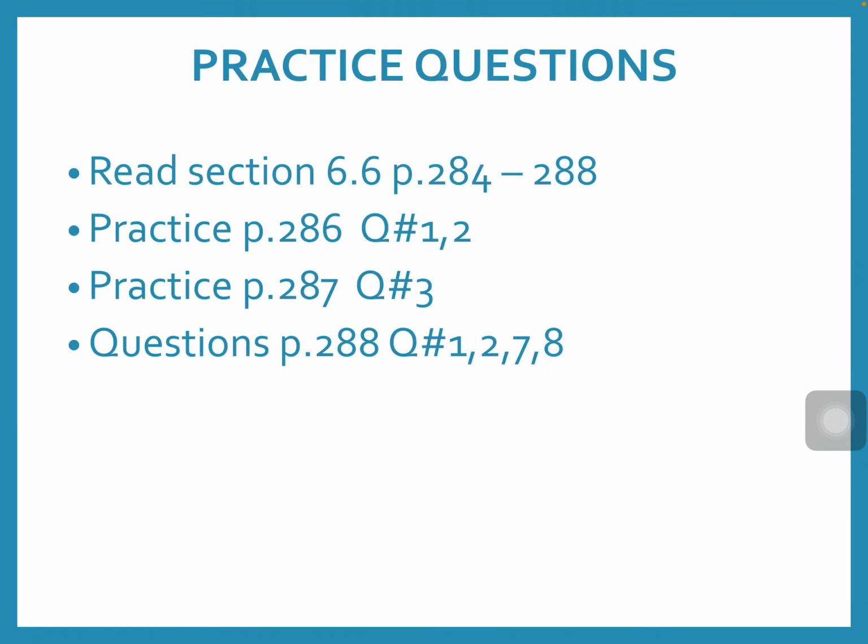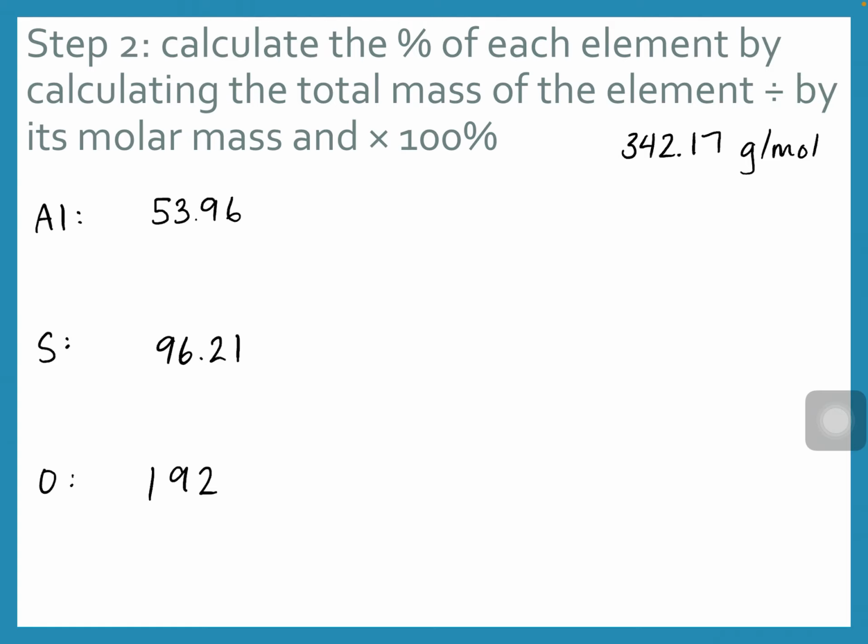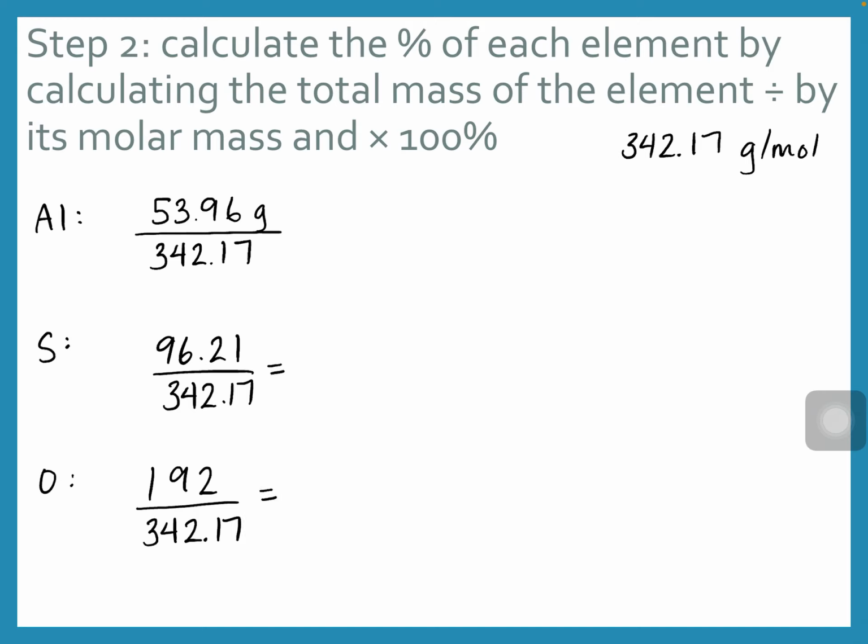The 2 moles of aluminum atoms were 53.96 grams out of the total for aluminum sulfate, which is 342.17. For each of these, I'm going to divide the mass of that element by the total mass of the compound. And that will give me the percent that each element accounts for the mass of the compound, so of aluminum sulfate.